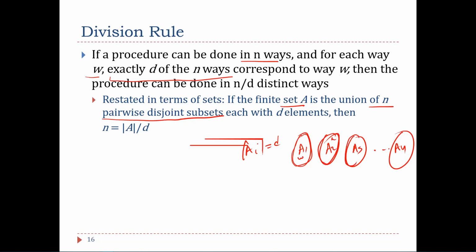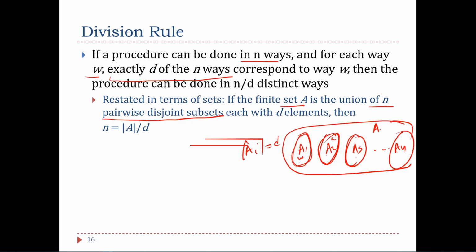So if the total number of ways is the set A, and if you are interested in representatives of these possibilities, well, finally, it means that the total number of different ways is equal to n, which is the size of A divided by d.